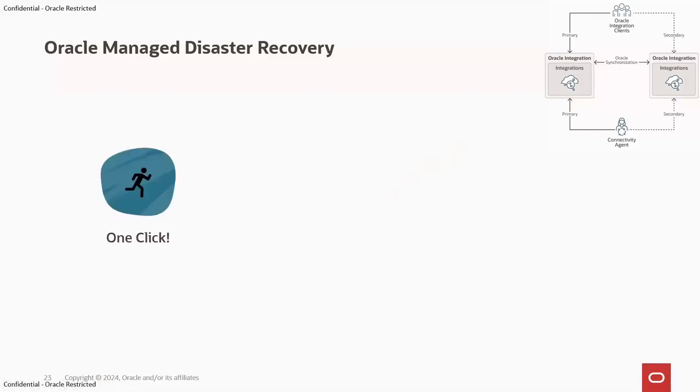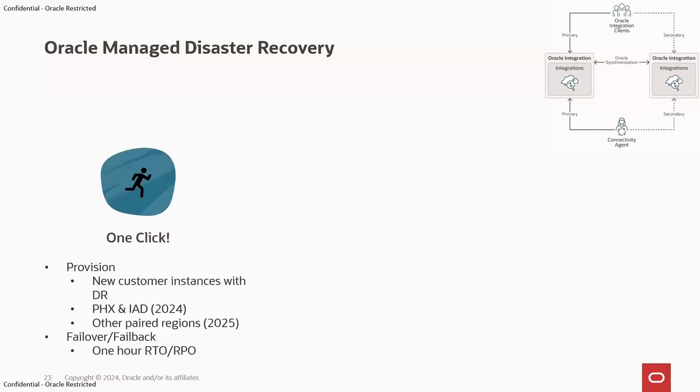Okay, so you can create two Oracle Integration instances in two different OCI regions. For example, one in Ashburn and another in Phoenix. And you don't need to worry about managing your DNS changes, load balancing, design time data synchronization between your instances, object storage buckets, and other responsibilities.